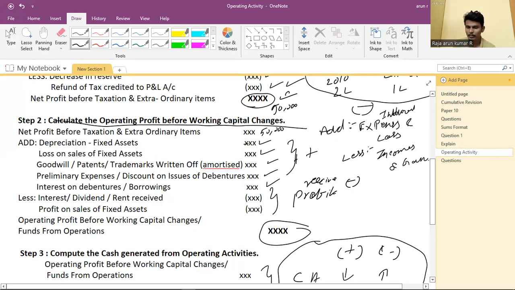Gains means profit. You less it, add the expenses and losses.